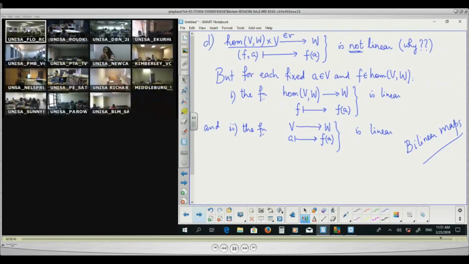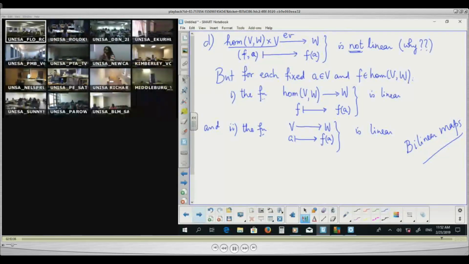So I'm making this definition. I take a pair: a linear transformation F from V to W, and an element A from V. And what is my function doing? It is just evaluating F at A. So that's why I gave this function the name evaluation.